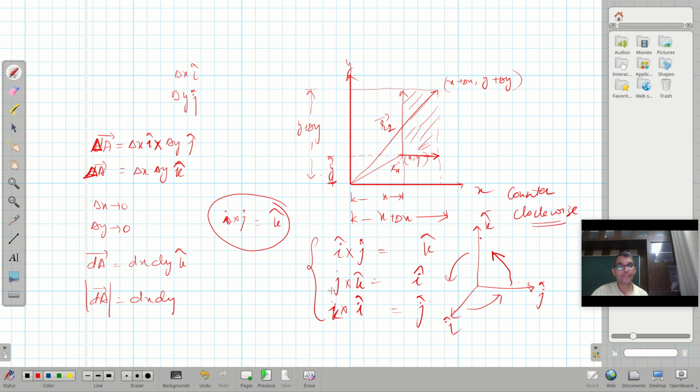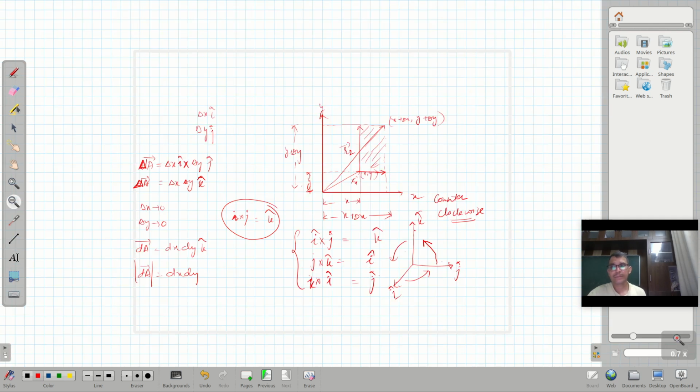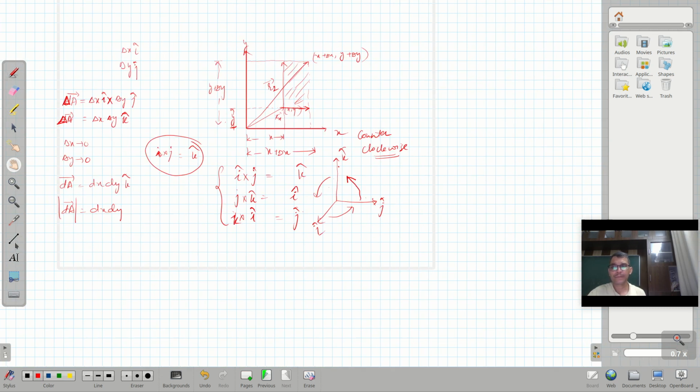But if we are moving in the clockwise direction, for example, it is i, it is j, and say it is k cap.